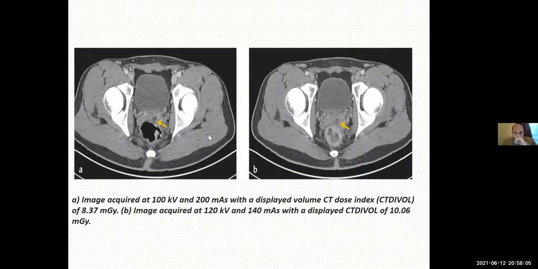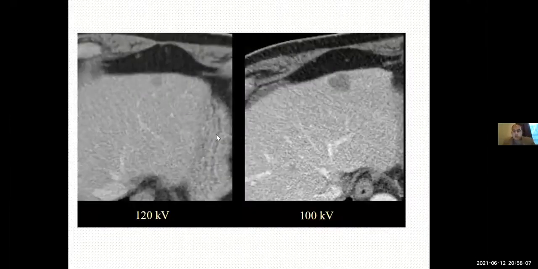Also, you will find in some triphasic cases or liver cases, a focal lesion has less difference in attenuation between the focal lesion and the background. So using low kV increases the visibility of this focal lesion in the liver.